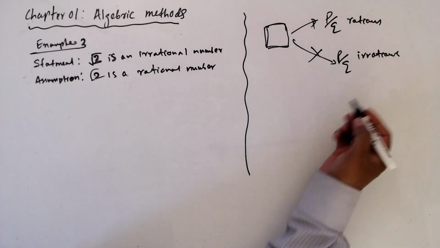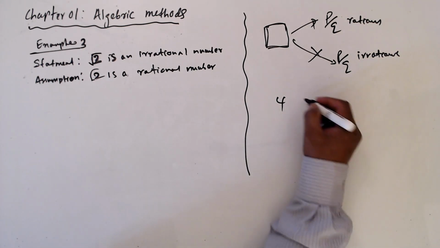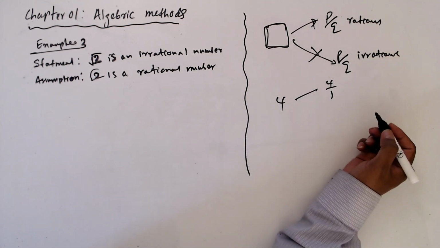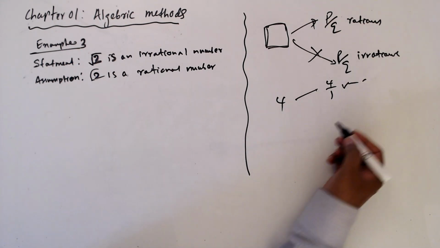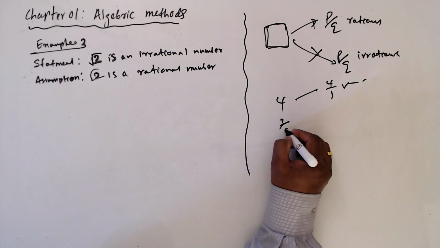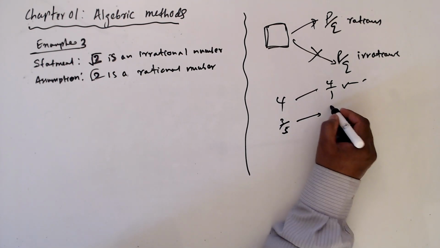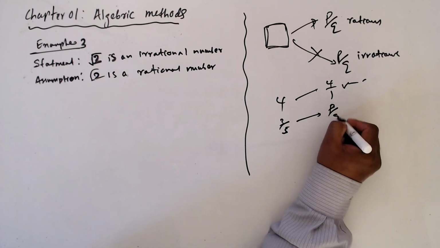Now, is 4 rational or irrational? You can write 4 over 1, so rational. If we consider 3 over 5, yes, rational. Already it is in p over q form.